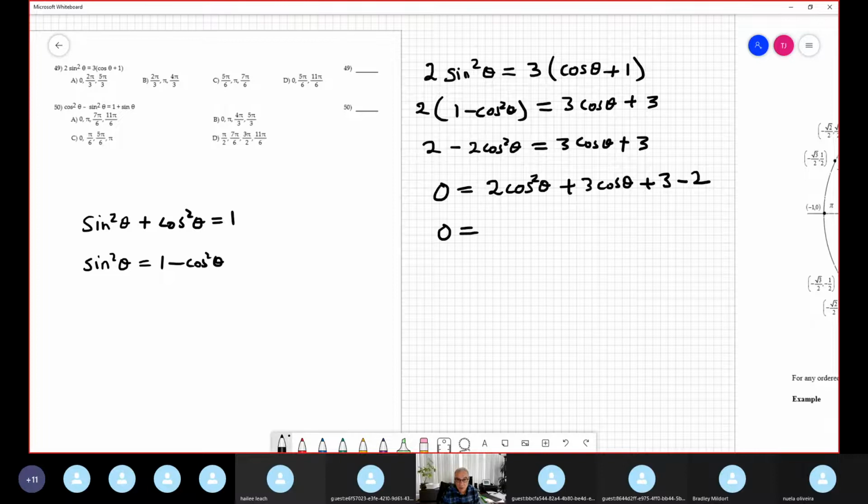Our equation is 2 cosine squared theta plus 3 cosine theta plus 1. So far it's okay? Yes. Now I see, wow, it's better, at least for me and my eyes. Do U substitution. U is cosine theta.